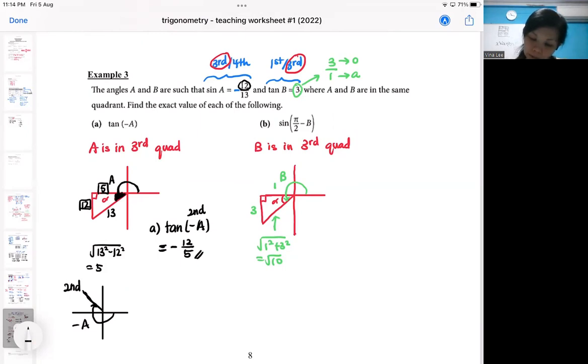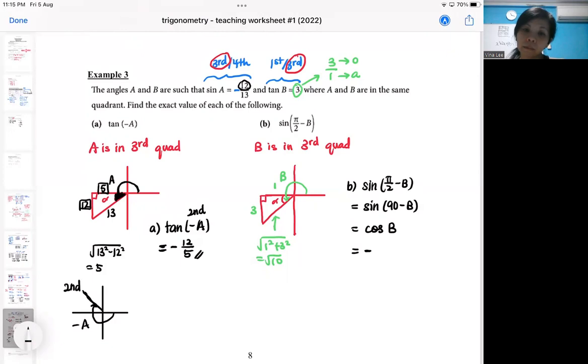Then what about part B? Sine of pi over 2 minus B. That is the complementary angles formula that I gave you just now. Under that formula, that becomes cosine B. And how do I get my cosine B?